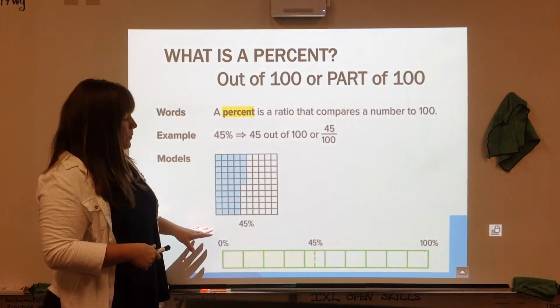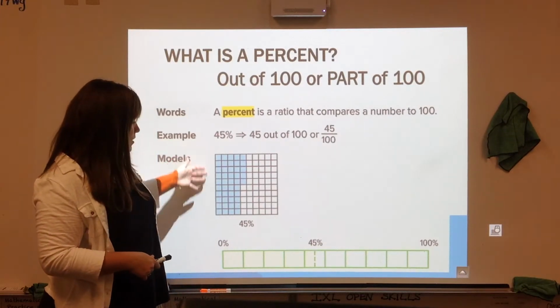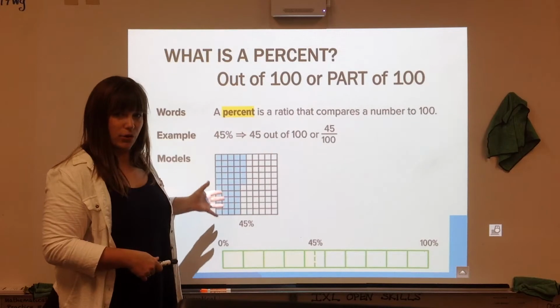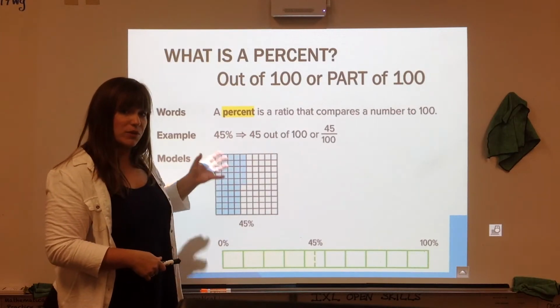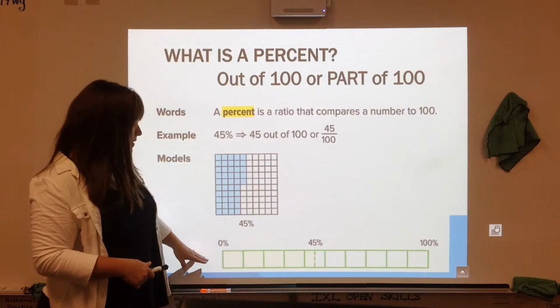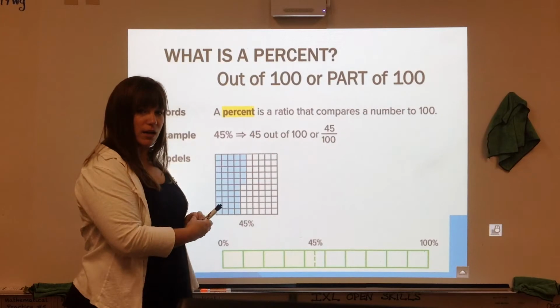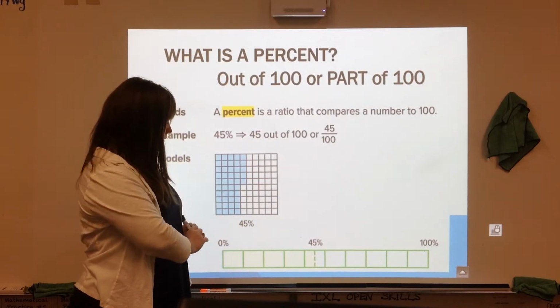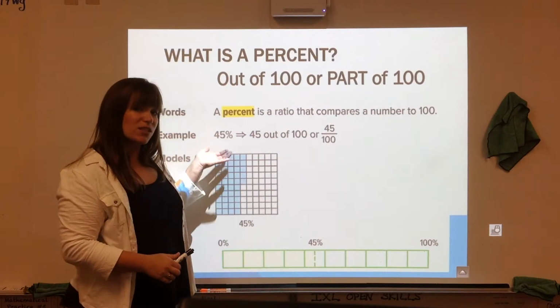You can also represent it with different models. We're going to do some of these in class. This is a standard 10 by 10 grid, and literally 45 boxes are shaded in to represent 45%. And this is another way of showing the same thing, except it's just a horizontal box, that rectangle going across, and it's divided up into 10 sections instead of 100.